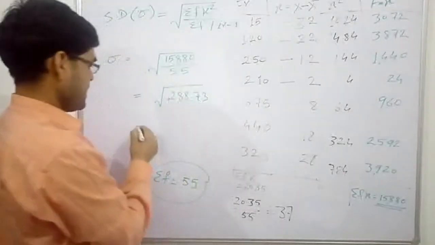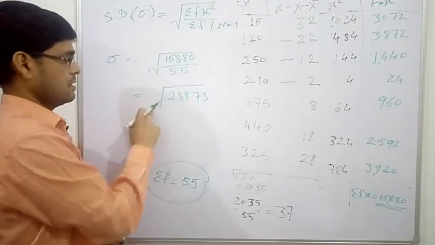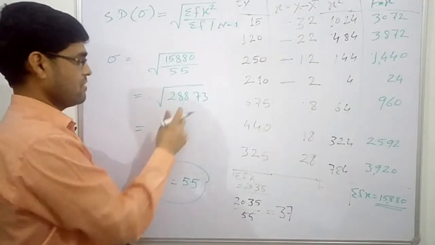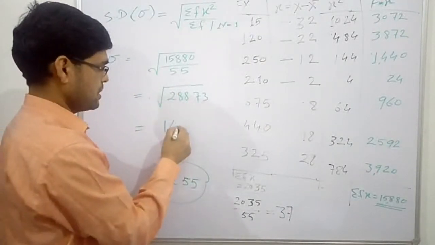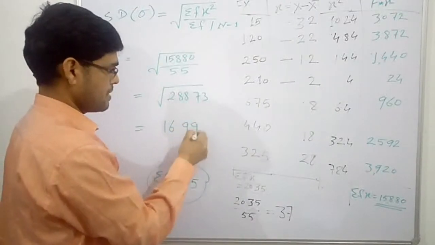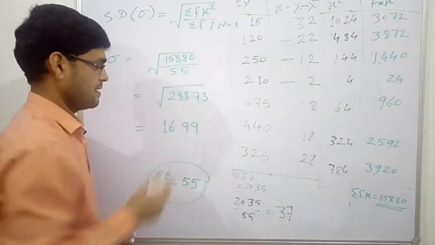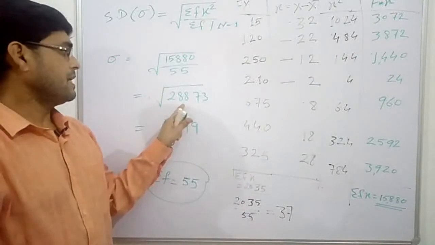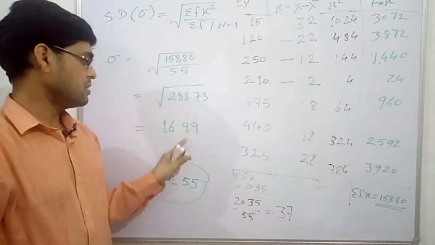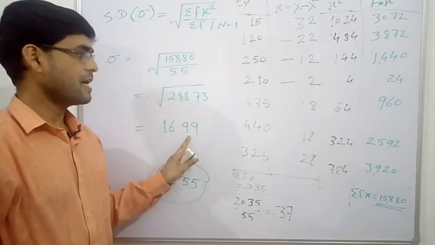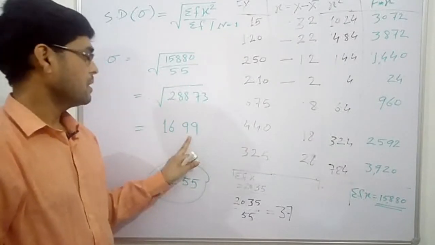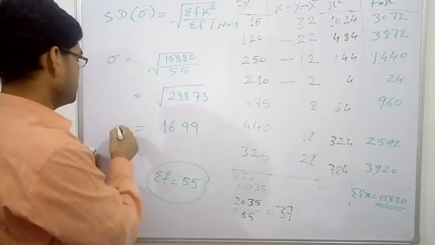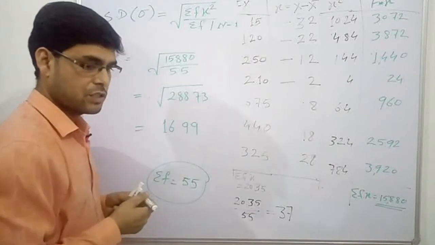And if you take the square root of this value, you will get 16.99. So this is our standard deviation for this question, 16.99.